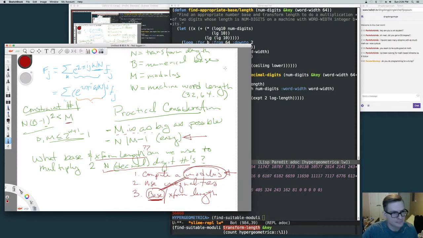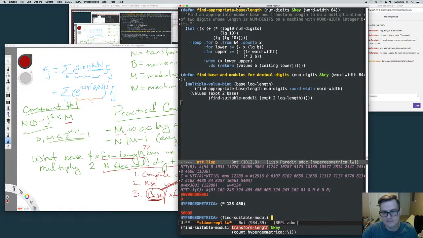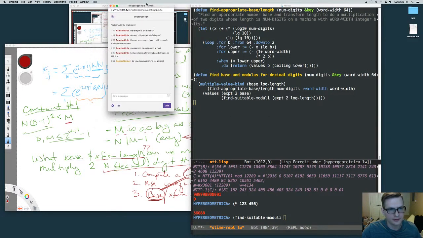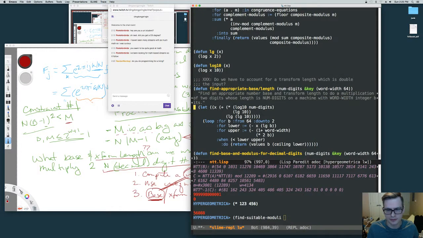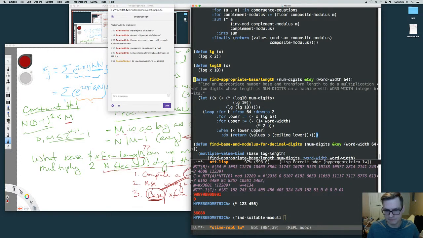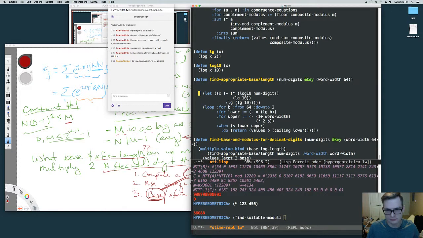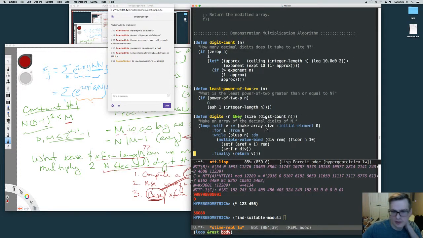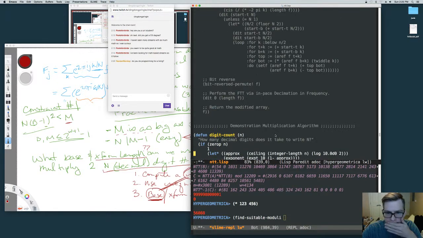So let's look at this. Let me make sure this window's open over here. All right, so I have these functions from before. I'm actually going to take them out. Let's look at the modulus computation functions real quick.